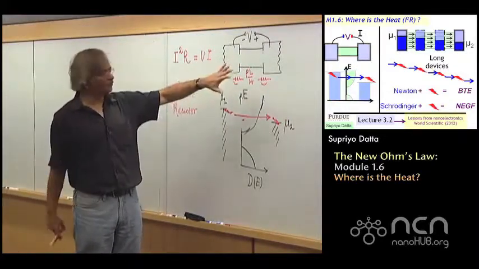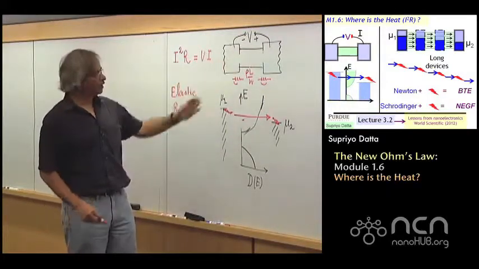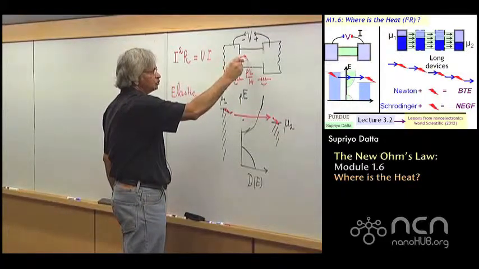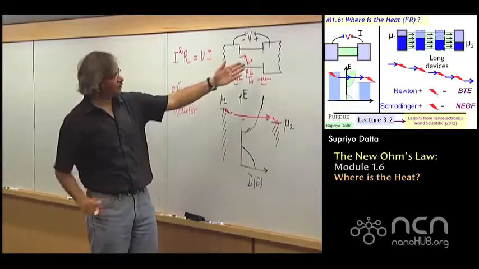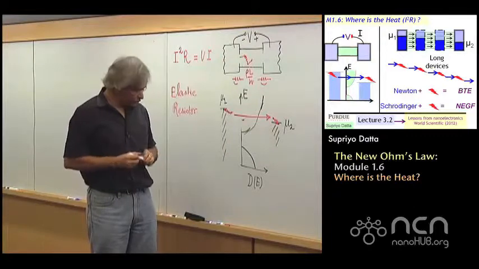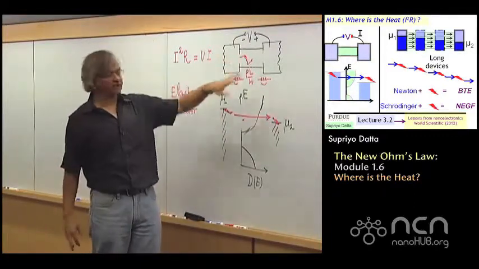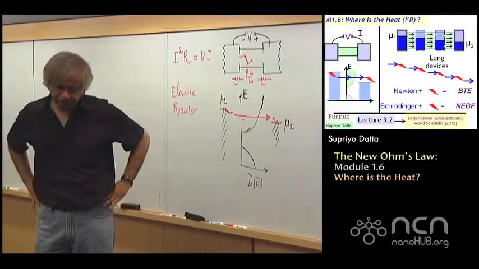So it's a whole different view of how we think about this. Traditionally, when we think of transport theory, people normally don't think too much about the contacts. They worry more about how electrons are losing energy inside the channel, and they try to calculate these dissipative processes inside the channel. Whereas for small devices, a much better approximation is to ignore it completely and then include it as needed as a higher order correction.